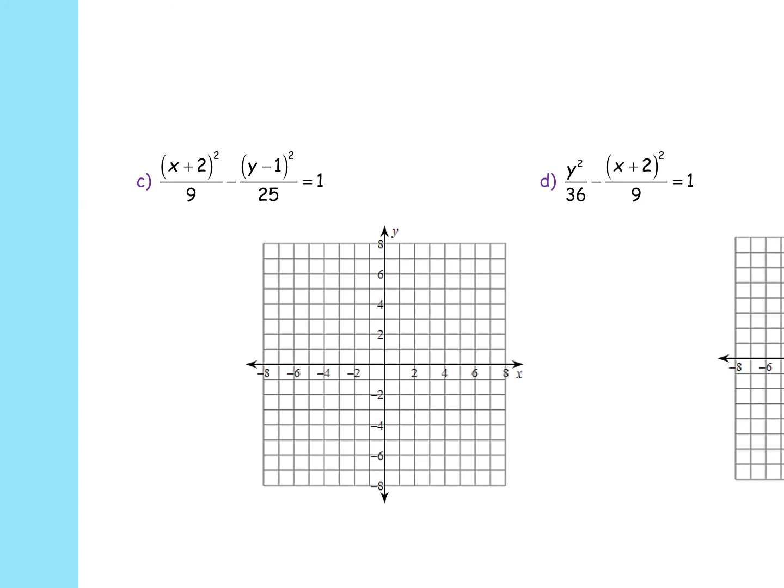Let's see. C, my center is at... So we're doing horizontally. And my center is going to be at (-2, 1). And then A is 3 and B is 5. So (-2, 1). 1, 2, 3, 1, 2, 3, 5, 5.